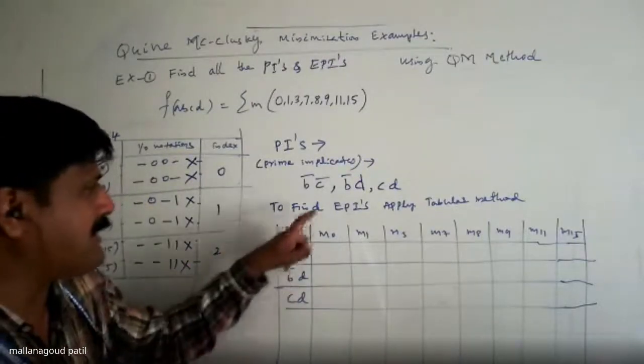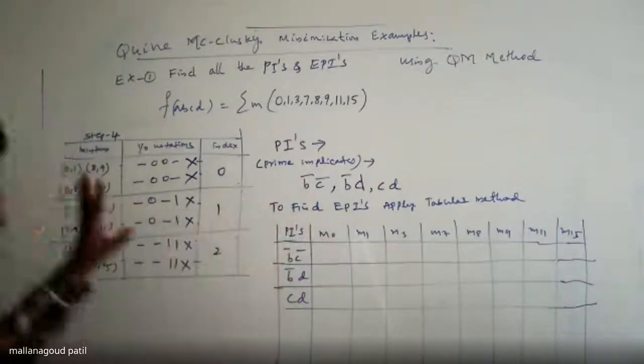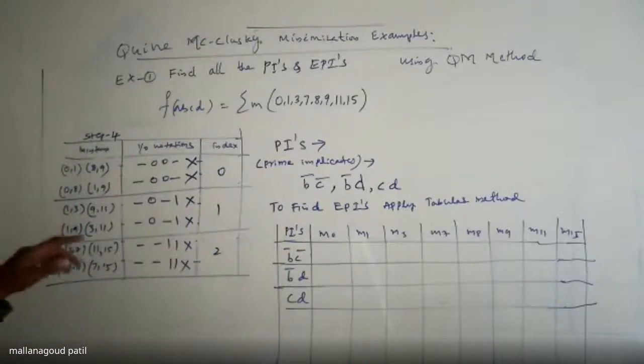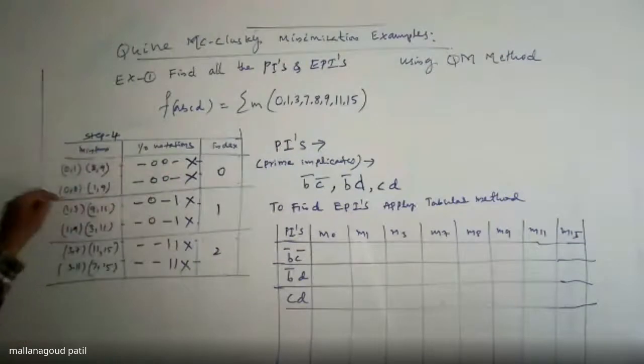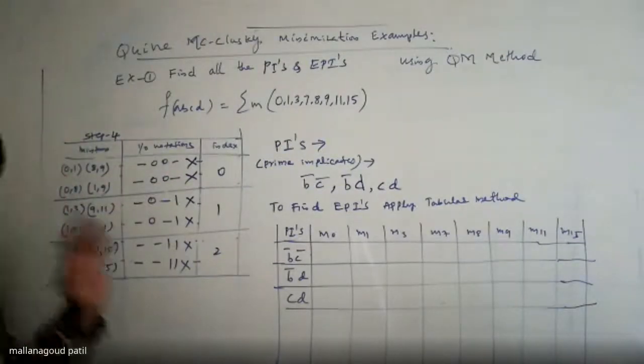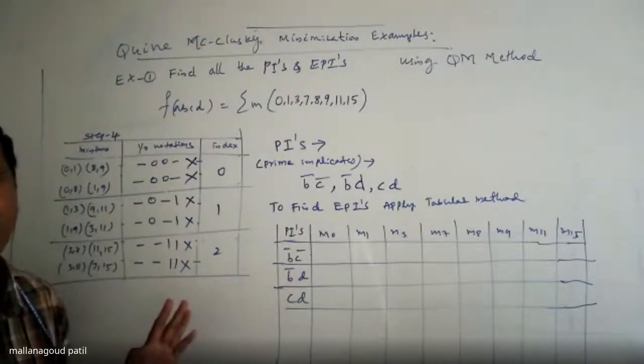B bar C bar is the prime implicant. It belongs to which minterms? That is available in step number 4. Where it is, you have to put a star mark. Where you don't have, just keep it blank.